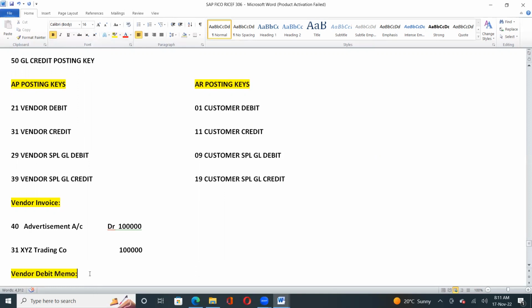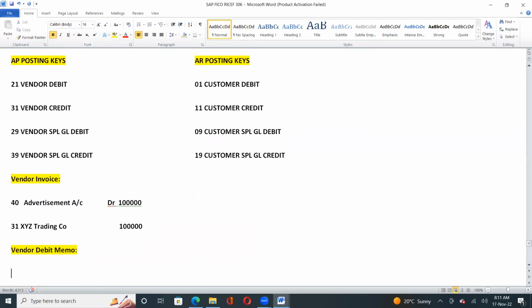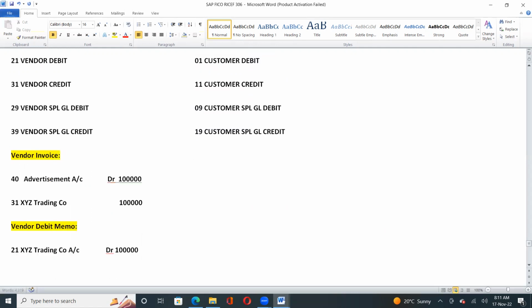So if at all we do any returns due to some reasons, then the entry would be 21, XYZ trading company account debited, 1 lakh. So 50, advertisement account, 1 lakh.